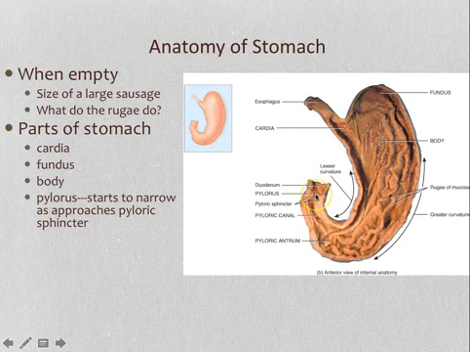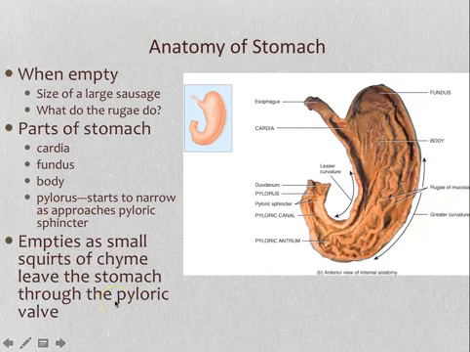So it's not just this area; it's really all of this, basically from this curve onward. And then you can see it narrows as it approaches that sphincter. You have the smaller curve that's called the lesser curvature of the stomach, and then this larger curve along the outside is called the greater curvature of the stomach.